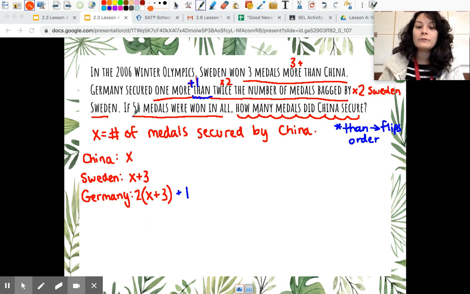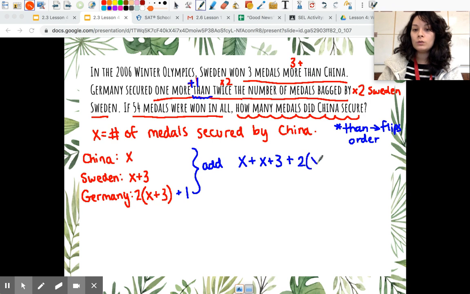And then we're told that 54 medals were won in all. So I need to add all of these expressions to get how many medals were won in all. So here's what it's going to look like. I'm going to take China's expression, which is x, add it to Sweden's expression, which was x plus 3, and add this to Germany's entire expression, which was 2 parentheses x plus 3, close parentheses, plus 1.